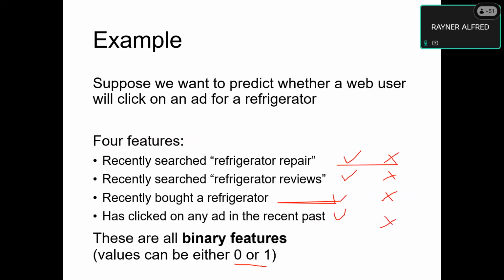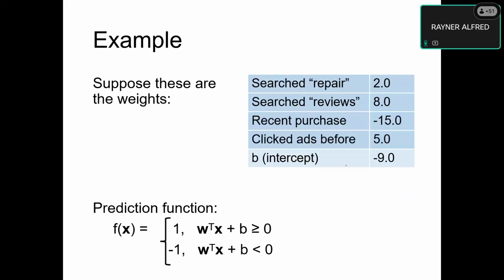So we have 0 or 1, okay? And let's suppose we have estimated the weights of each of these during training as 2, 8, minus 15, 5, and the bias is minus 9.